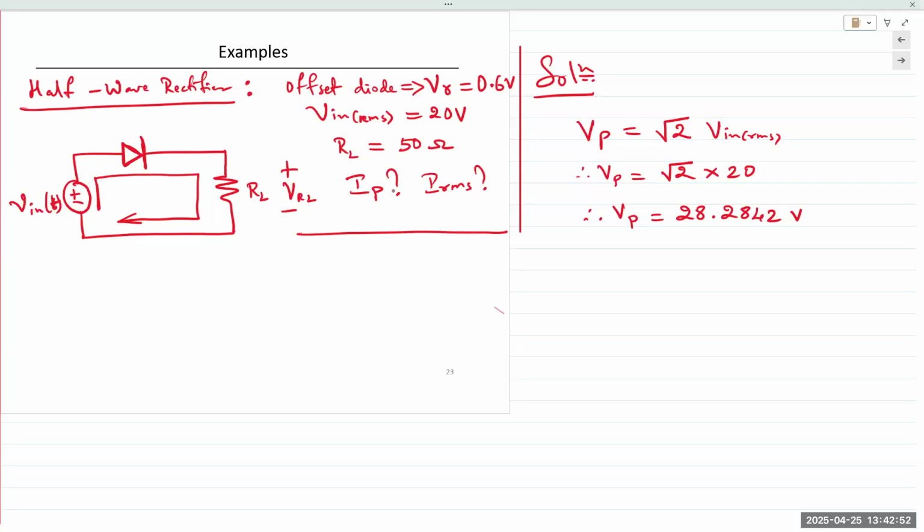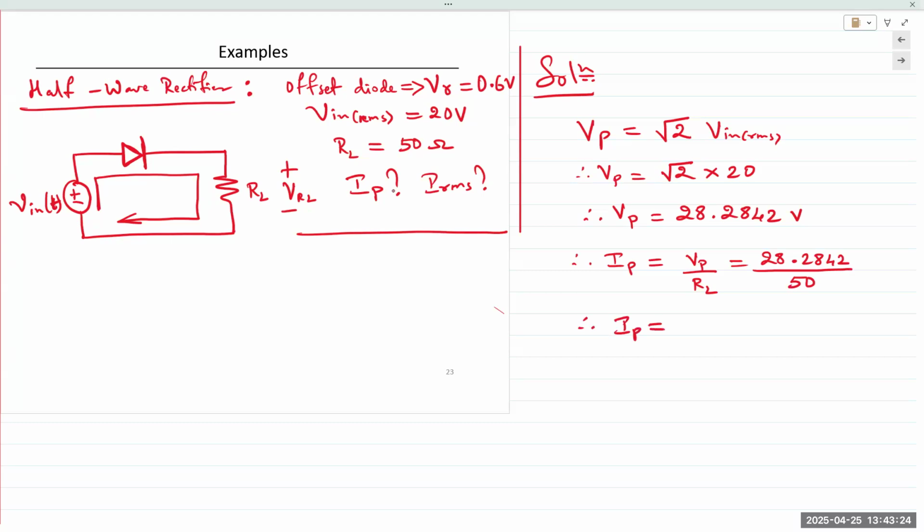All right, once we have VP, we can apply Ohm's law. We are asked to find the current. We have voltage, we have resistance, we can apply Ohm's law. So from Ohm's law, we can write IP is VP over RL, 28.2842 divided by 50.